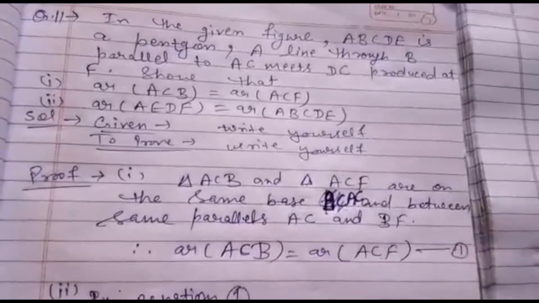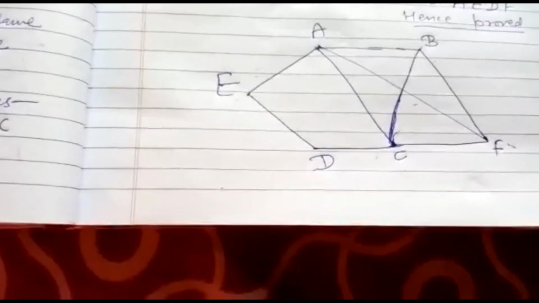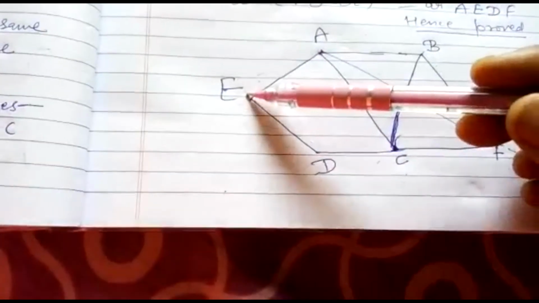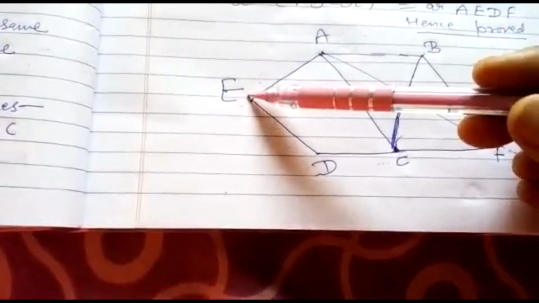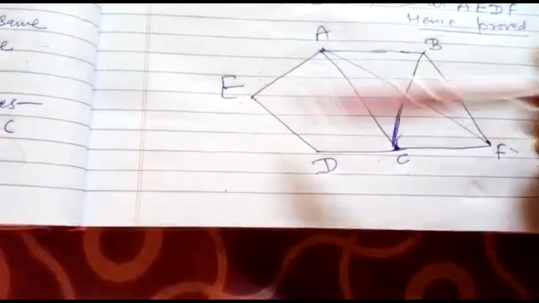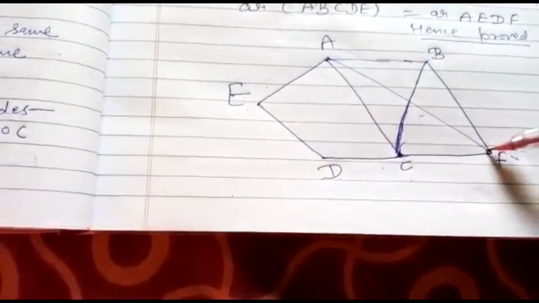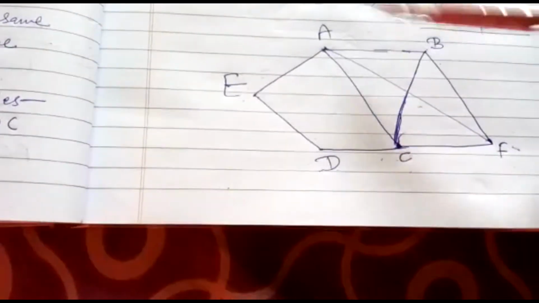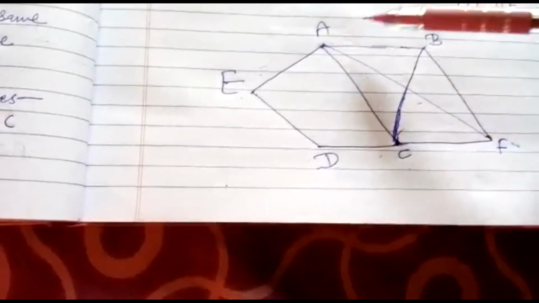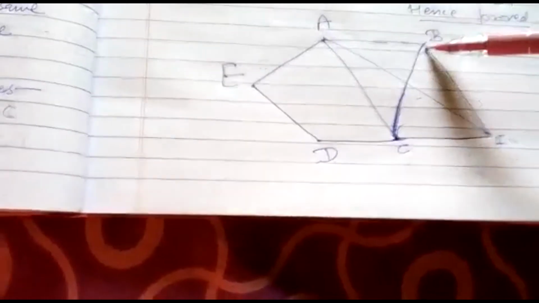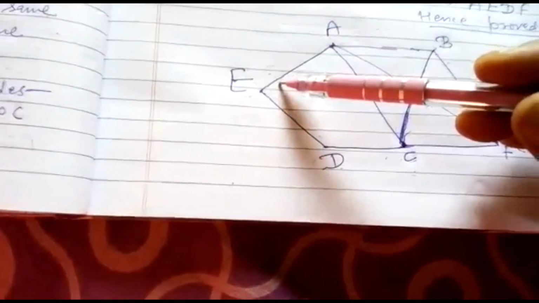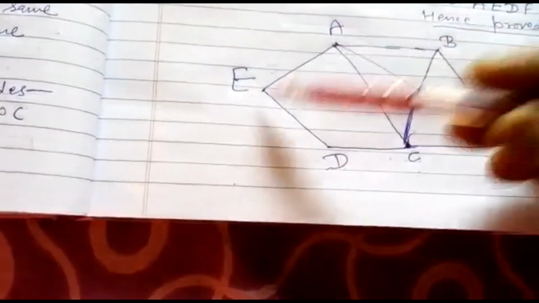Now let's see the second part. In the second part we have to prove the area of this pentagon ABCDE is equal to AEDF. In the first equation we have proved the area of triangle ABC is equal to ACF. So if in triangle ABC we add ACDE, we will get ABCDE.